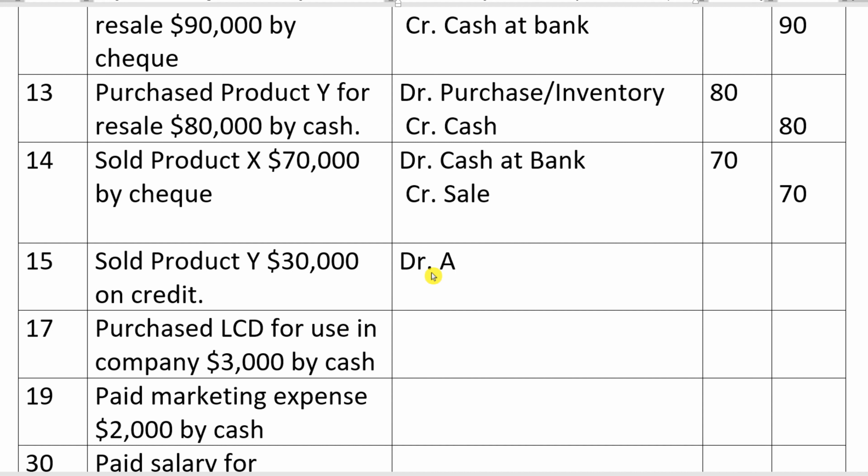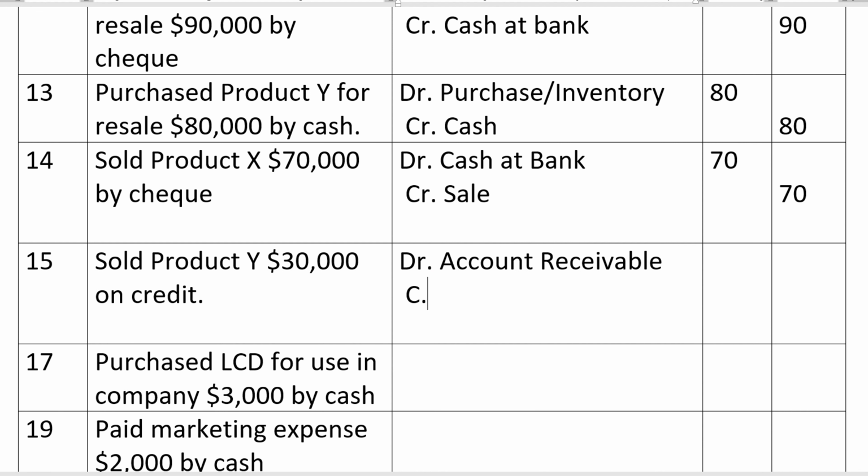Debit, we use accounts receivable. Accounts receivable means that we sold a product or service on credit sale, 30,000.